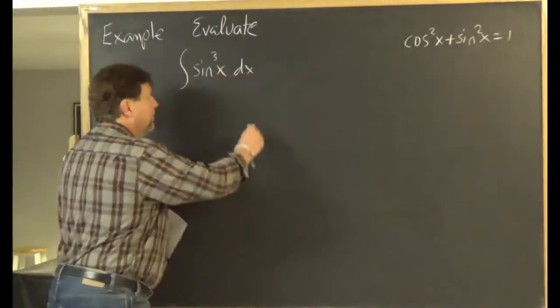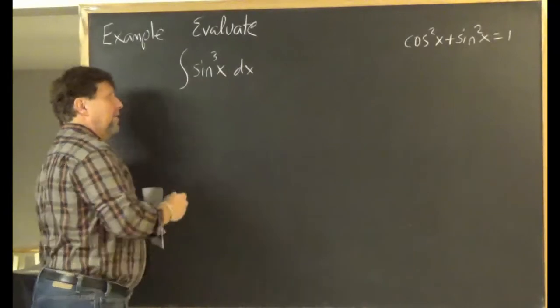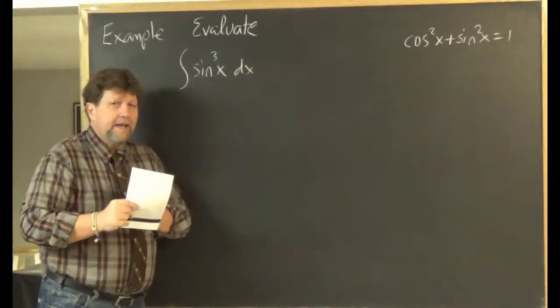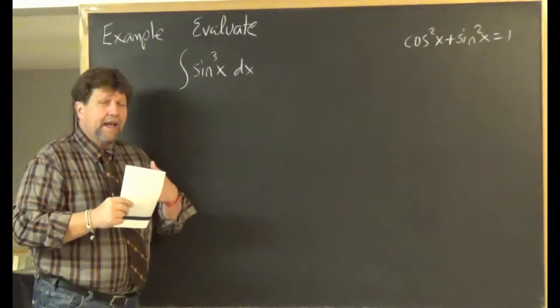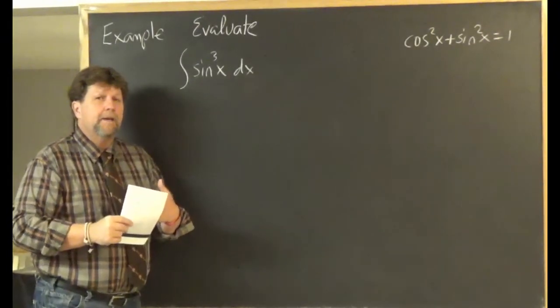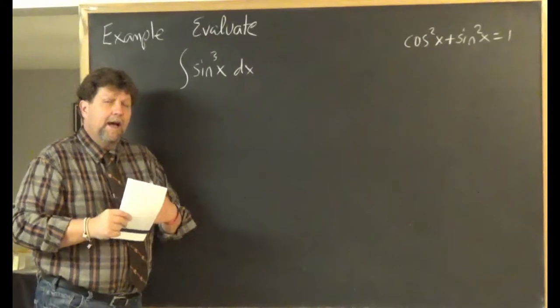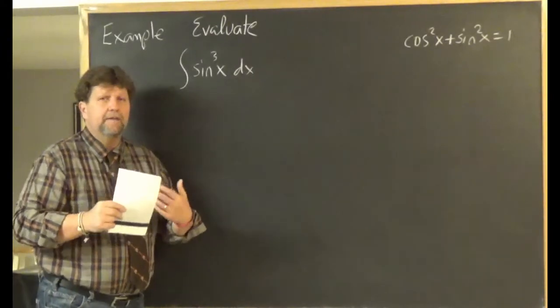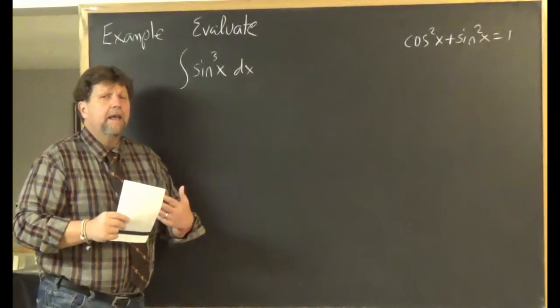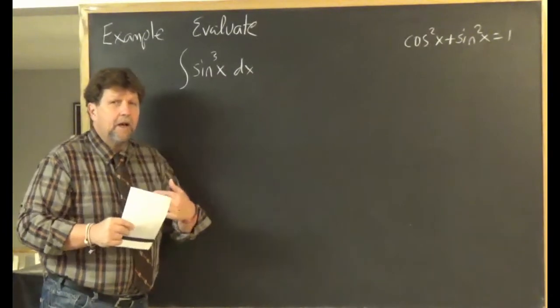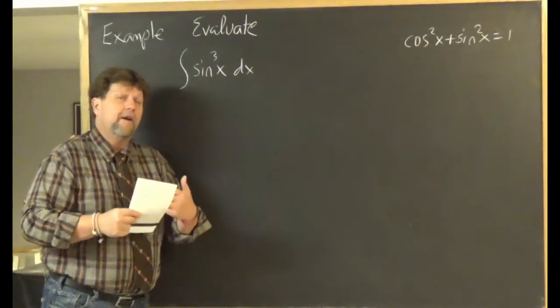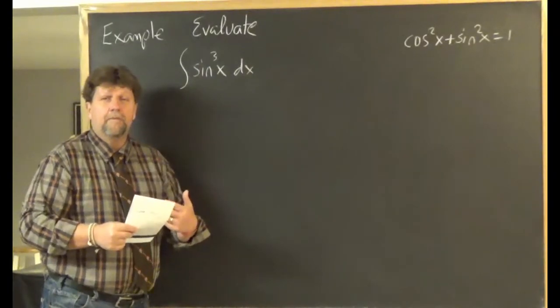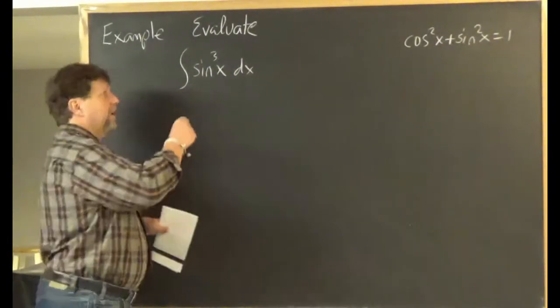So here, when I see a sine cubed x, or if I saw a cosine cubed x, I'm just thinking I need to do something so I can get a sine or cosine involved in the integrand. And I'm thinking that because a u substitution should then take care of the integral. So here's what I'm seeing.